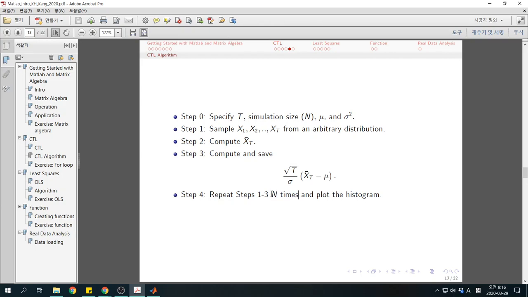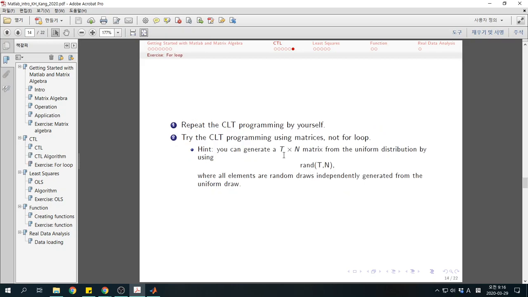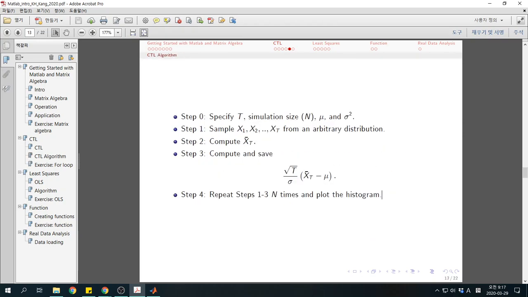Then using these N samples of the normalized sample average, we plot the histogram to see whether it looks like the standard normal or not. Or of course you can compute the sample mean and sample variance to see whether they are 0 and 1.